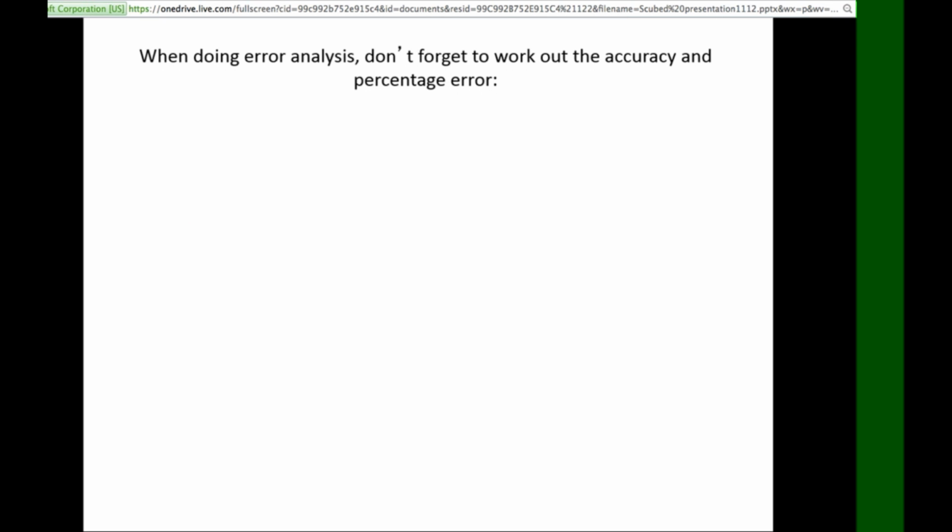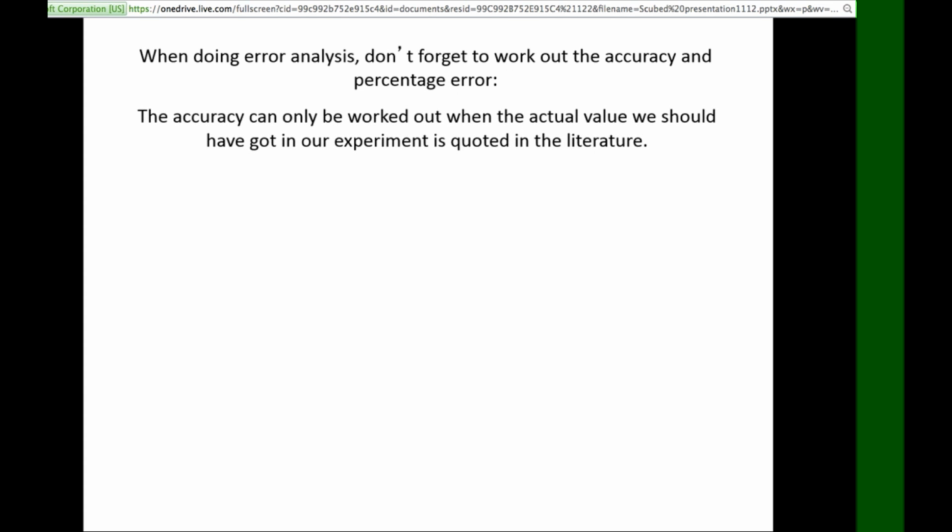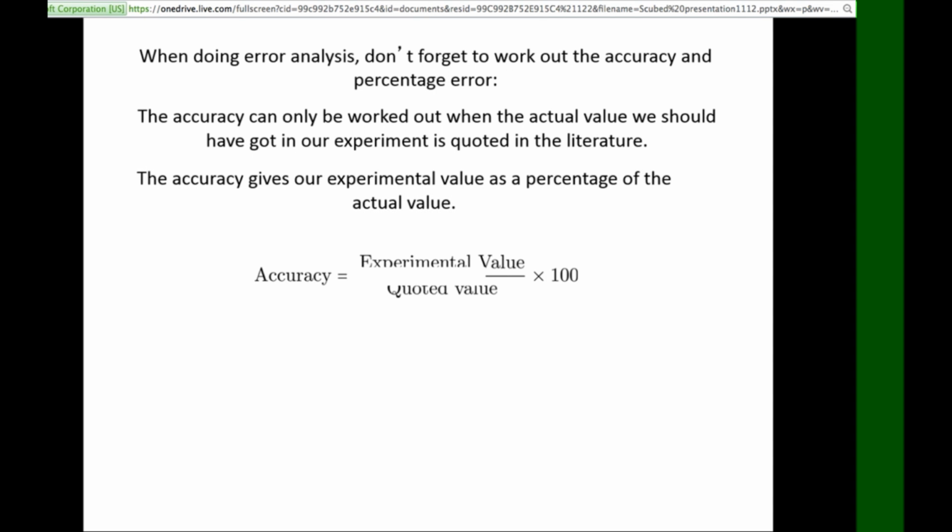When doing error analysis, it's important that you conclude by working out the accuracy and percentage error. The accuracy gives us our experimental value as a percentage of the actual value quoted in the literature. That is, you can't always calculate the accuracy. If you don't know the quoted value, you can't work out the accuracy.